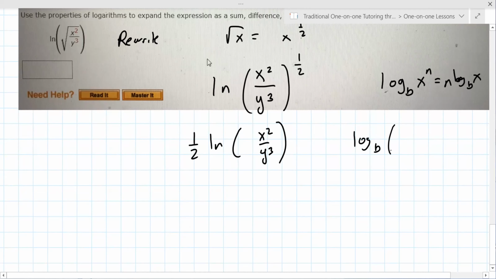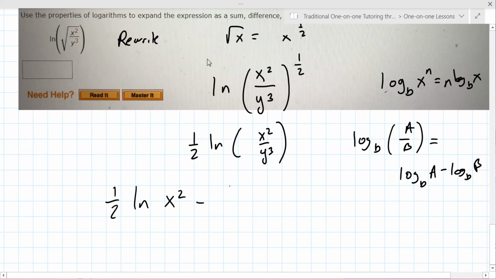So if you have log base b of a over b, it becomes log base b of a minus log base b of b. So this becomes 1/2 natural log x squared minus 1/2 natural log of y cubed. If there's a coefficient in front, you have to give it to both of these. That's why the 1/2 goes to both.